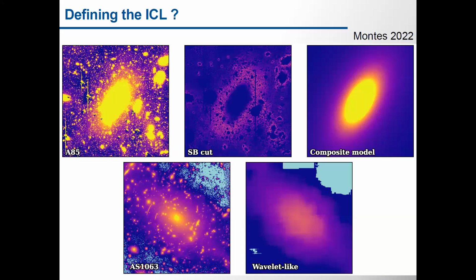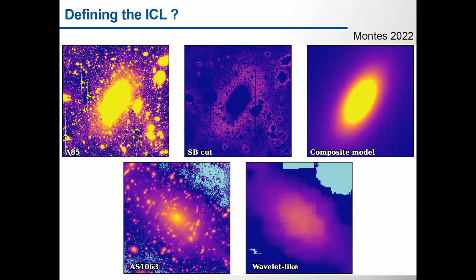However, as I told you before, observationally, most of the time we don't have the information to separate intracluster light from the galaxies of the cluster. So observers have come up with different definitions of what is intracluster light. For example, the surface brightness cut: any light fainter than a certain threshold, we say that is intracluster light.